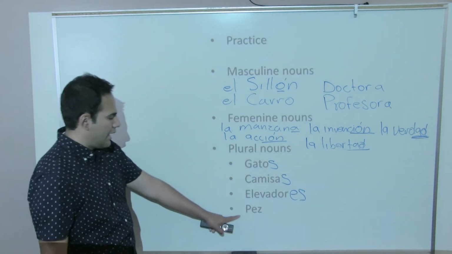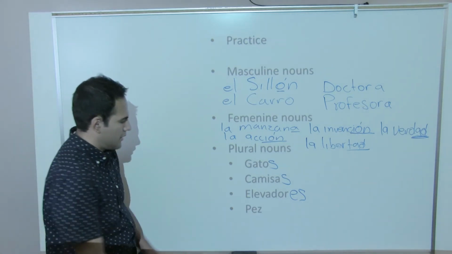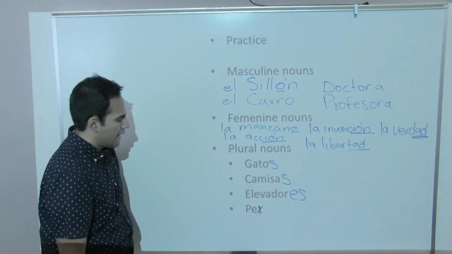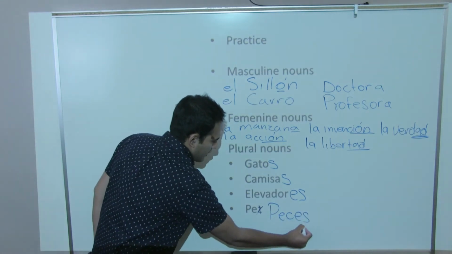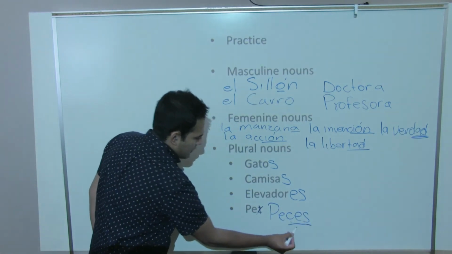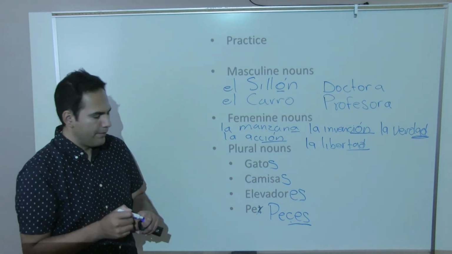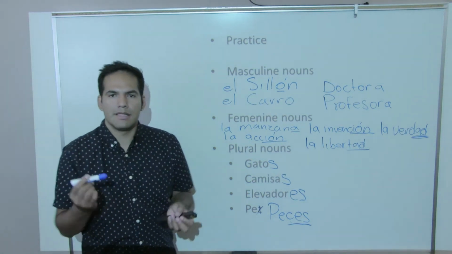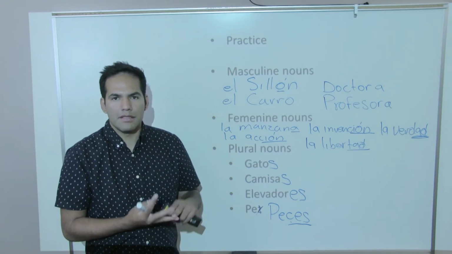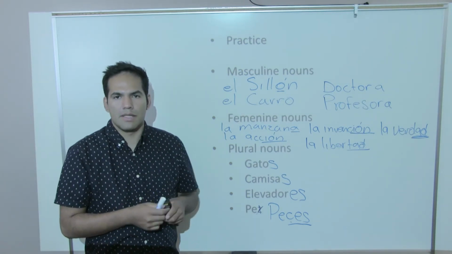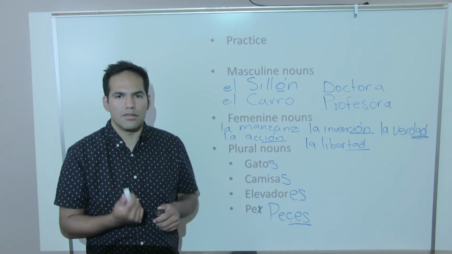Elevadores. And if it ends with a Z, you take that out and change it for CES. Veces. Okay? So that's the main idea of nouns and how to recognize if they are masculine or feminine, and how to change them into plural.